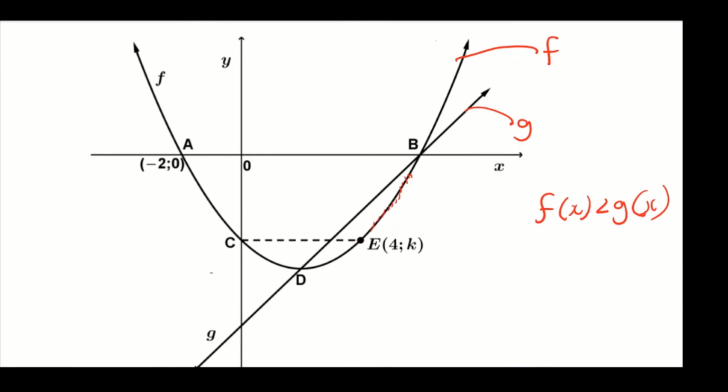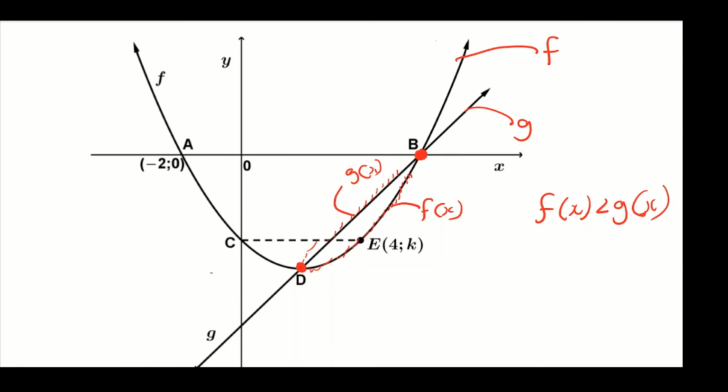It's below g of x at this point. And this is g of x. It's above, right? So g of x is above. So these are the points. So points are here D and B, where f of x is less than g of x.